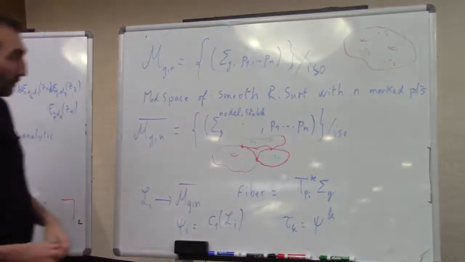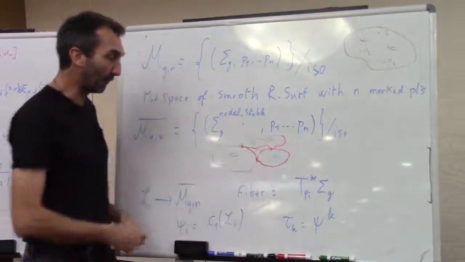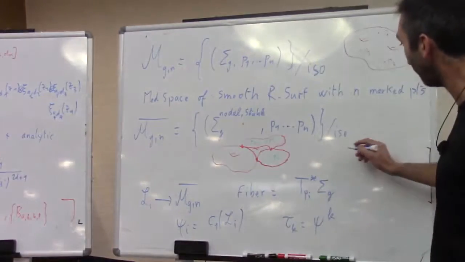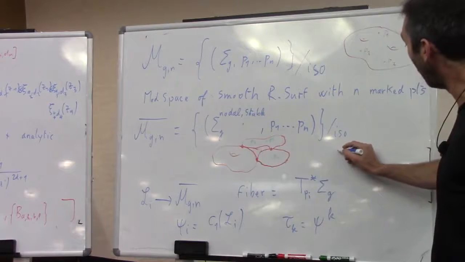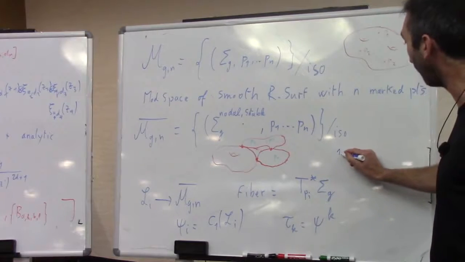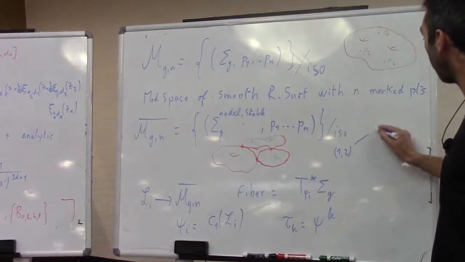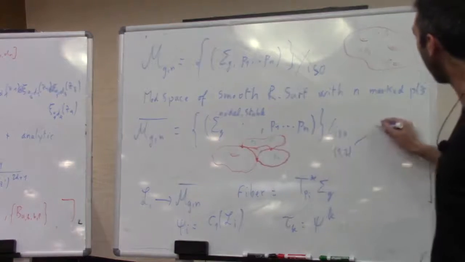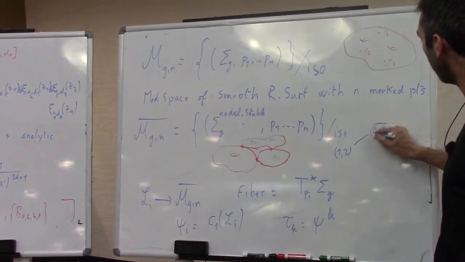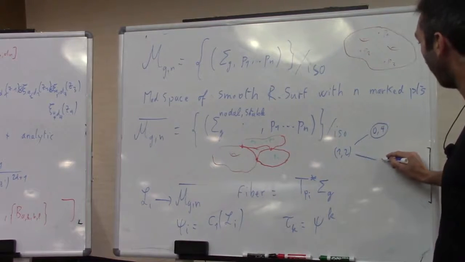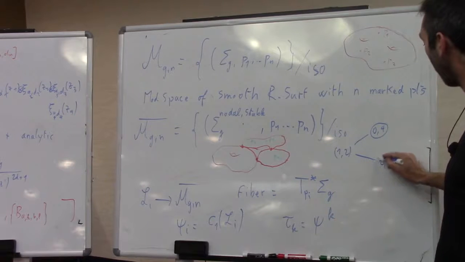And there is a notion of dual graph associated to this. The dual graph of such a nodal surface means that here you have a component with genus 1 and 2 marked points. It's linked to a sphere with 4 marked points, so 0, 4. And to a sphere with 3 marked points, 0, 3.